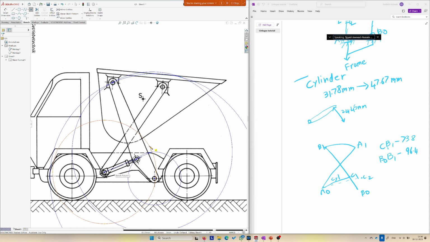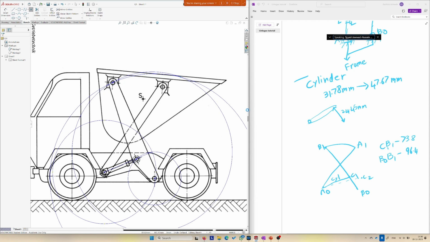And you drew a circle with the B naught, the point B naught C1, and that distance does not change. So I just drew a circle B naught C1. And then it gave you an intersection which will be the new point of the cylinder. Exactly. C2.